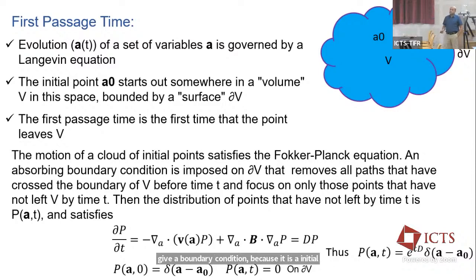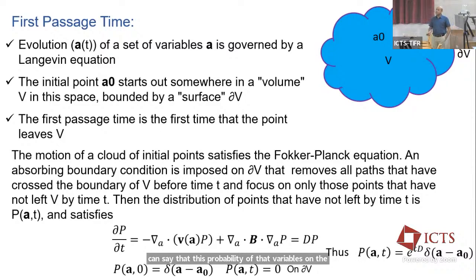The initial condition is that all the points are concentrated at some point in this volume element, which we can describe by a delta function. On the boundary, since there is no particle beyond that boundary, the probability of the variables on the boundary is 0.